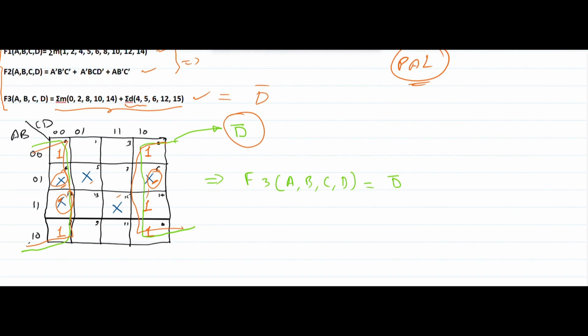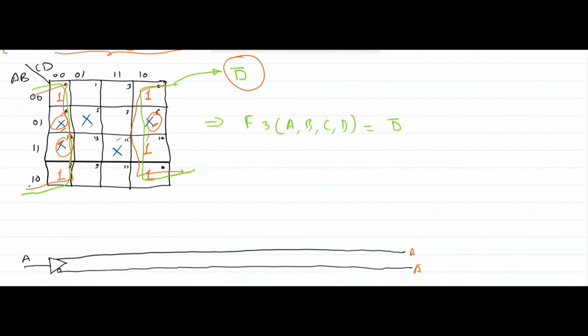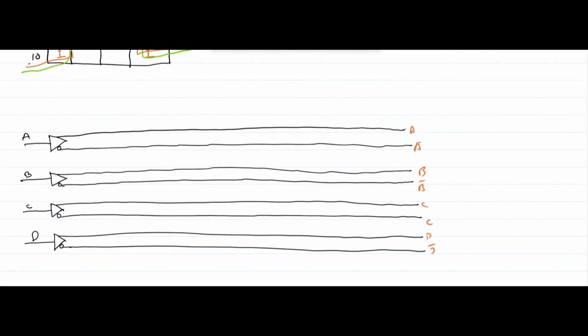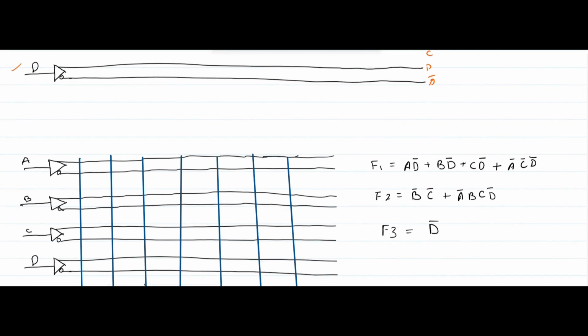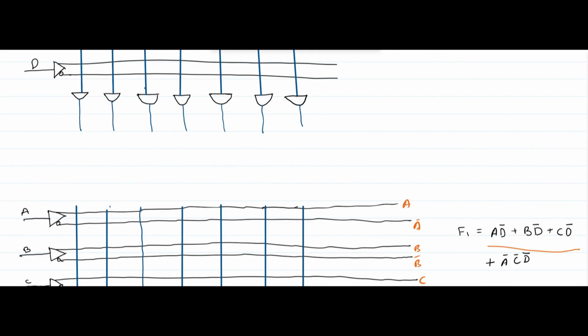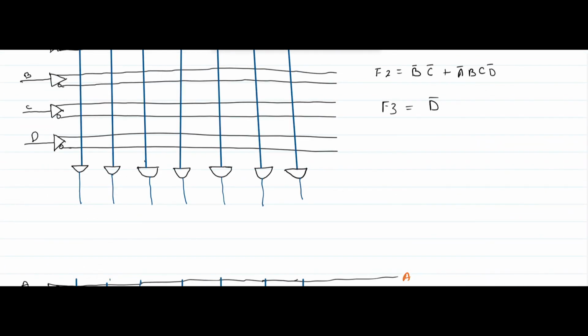Okay, so now I am going to implement this, and since we have 4 input variables, we will need 4 input buffers a, b, c, d, and output from these input buffers will be a bar, b bar, c bar, d bar.